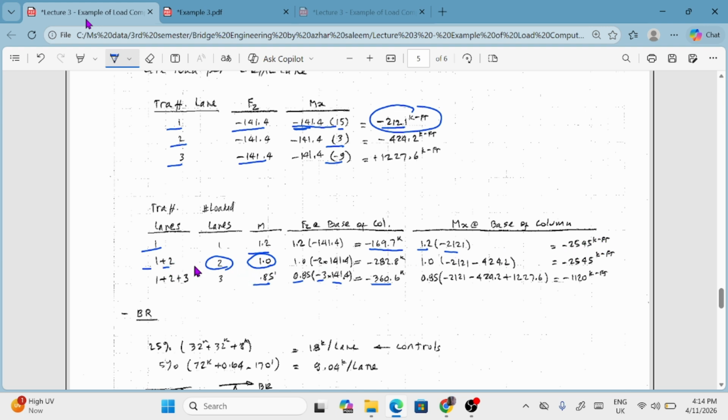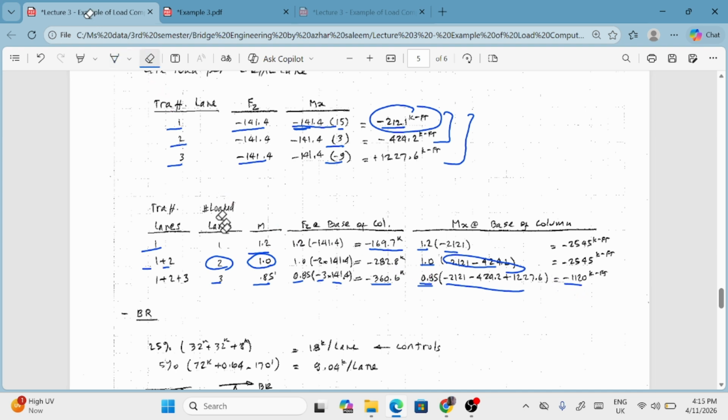If I load 2 lanes, the multiple presence factor is 1, and the summation of these two gives 2545 kip-feet. And if I load 3 lanes at once on the bridge, the multiple presence factor will be 0.85, and the summation of these 3 lanes will become negative 1120 kip-feet.